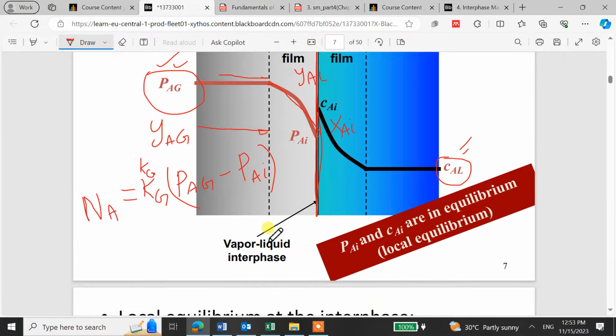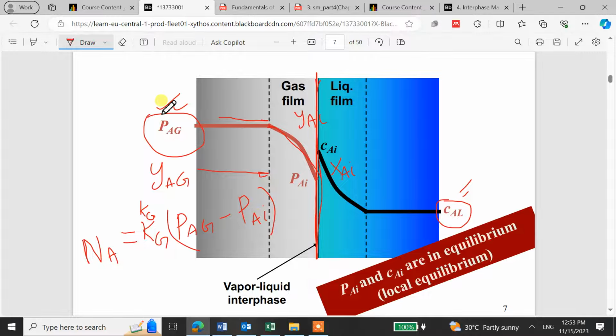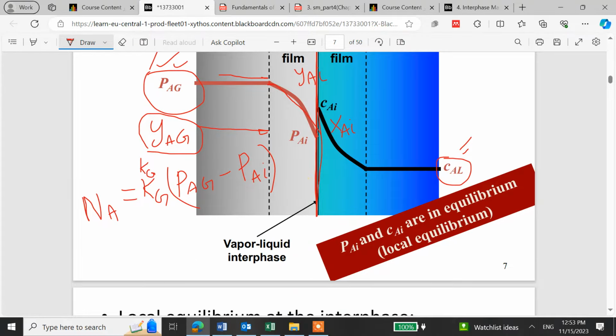Now we can have it in terms of mole fraction. This is bulk, so if we have mole fraction in the gas, and the interface also has mole fraction, then the driving force is YAG, the bulk, minus YAI.